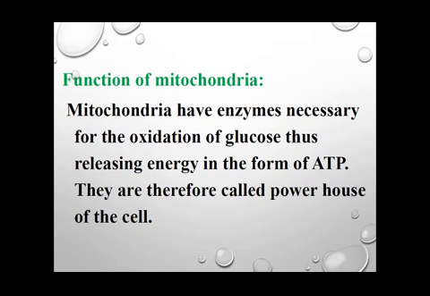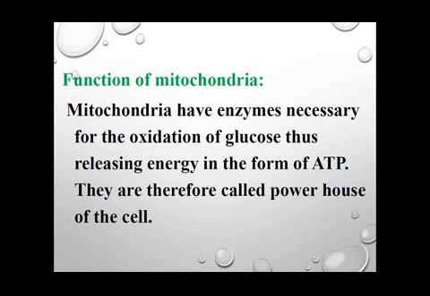So the energy currency of our body is ATP, and the powerhouse of the cell is mitochondria. These two points make many important questions, and they are asked in one form or another in the examinations. So mitochondria have their own DNA and ribosomes, one thing which differentiates them from other organelles of the cell.